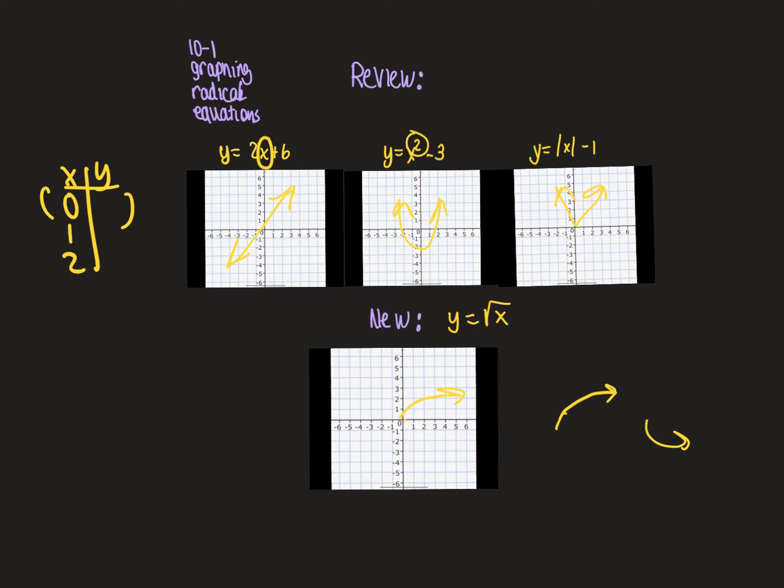We also had the method where you could just look at the back and say, starts at 6 on the y-axis, goes up to right 1. But that second trick, the no table trick, only works for the lines. The quadratic, you had to make a table, pick and stick. Absolute value, make a table, pick and stick. Radicals, square root signs, you're going to have to make a table and pick and stick.